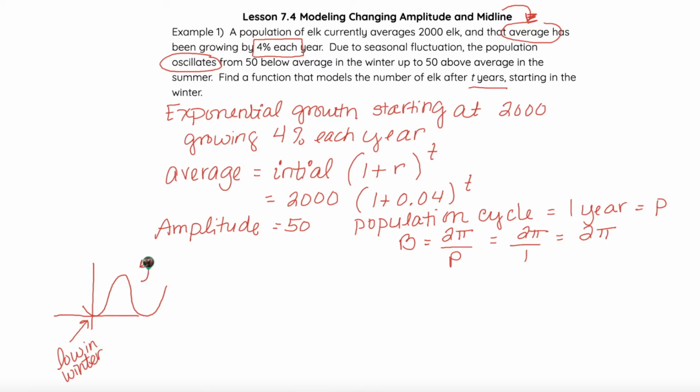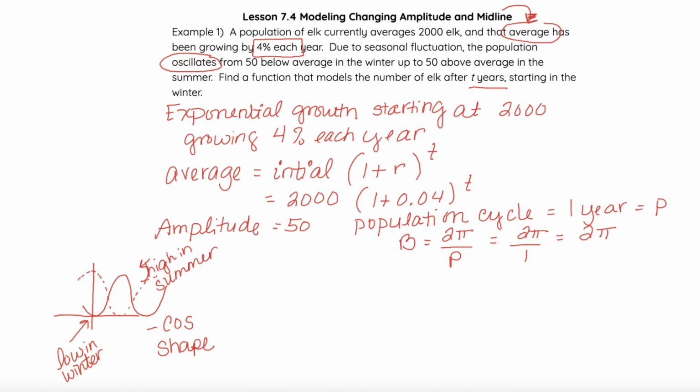And we are high in the summer. Because of the shape of this, I know I have a negative cosine shape, since cosine typically would start up and we'd come back down. So it's flipped.